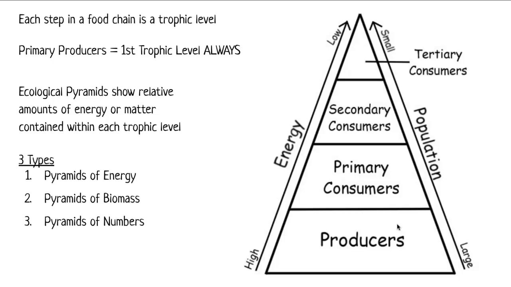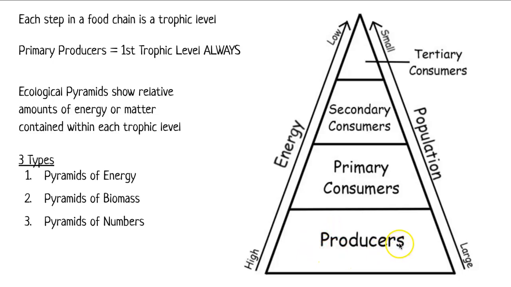The sun is your energy source, but the first trophic level would be the producer. Then come primary consumers, secondary consumers, tertiary consumers, and then you can also have quaternary consumers. For our purposes, we will not go above quaternary, but there are more than quaternary levels.